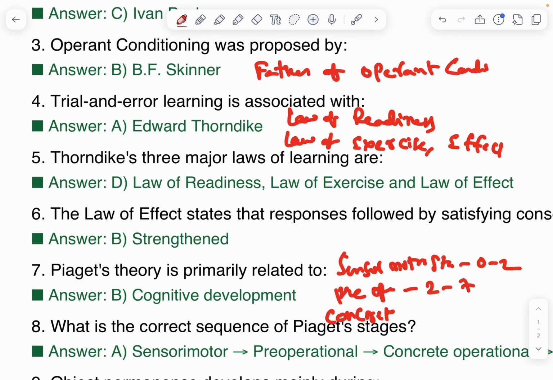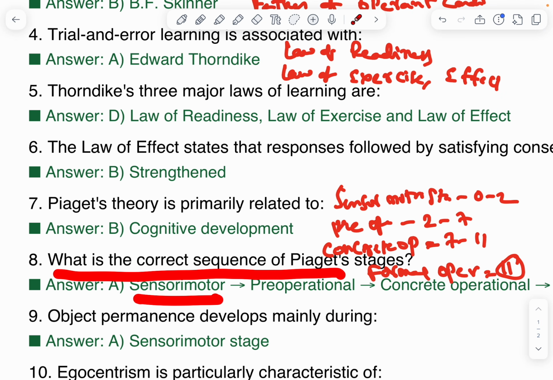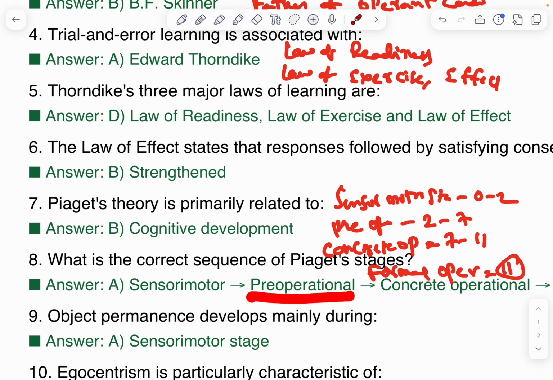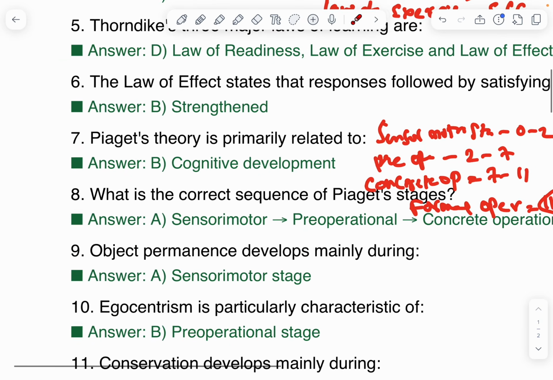Concrete operational, 7 to 11. And formal operational, 11 years and above. Another question: what is the correct sequence? Sensorimotor 0 to 2, preoperational 2 to 7, concrete operational 7 to 11, formal operational 11 and above.